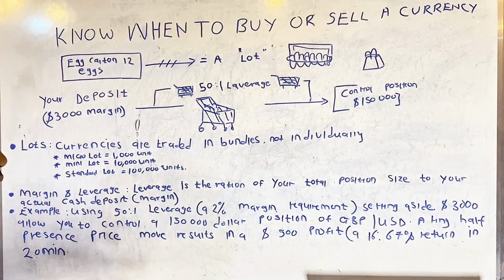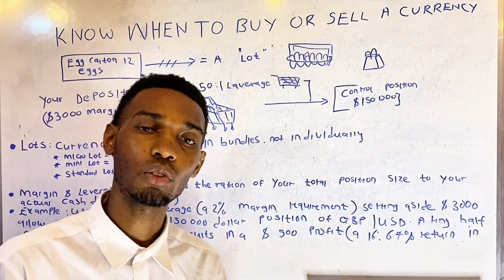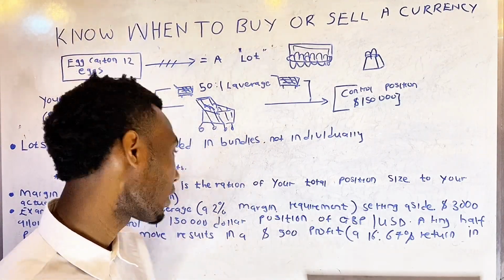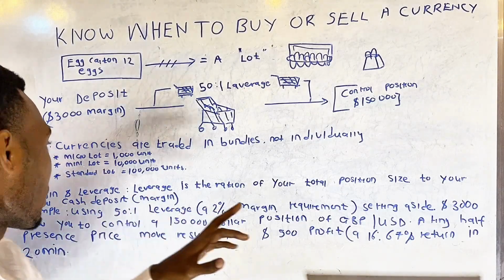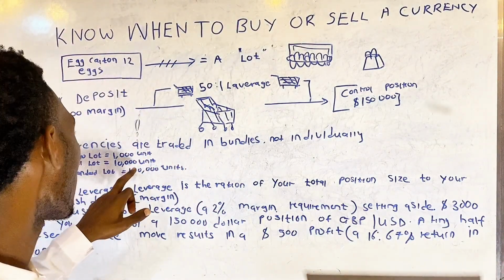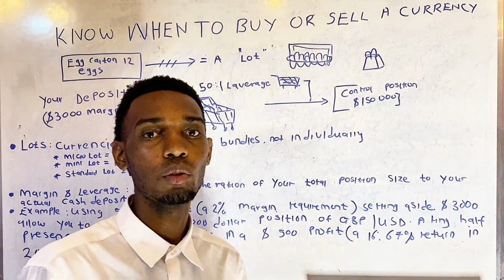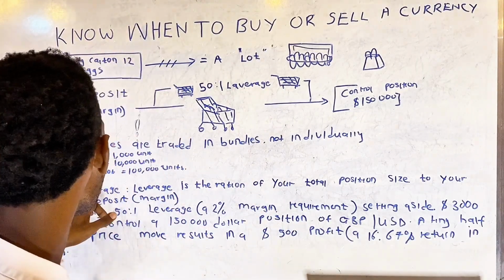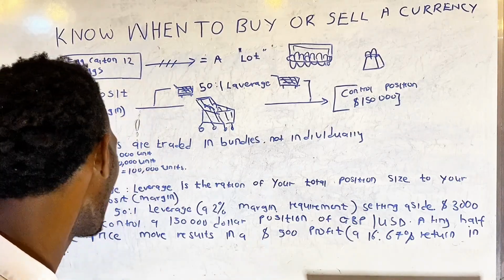The micro lot, the small one, consists of 1,000 units. The mini lot is the minimum and consists of 10,000 units, and then there is the standard lot, which is 100,000 units.